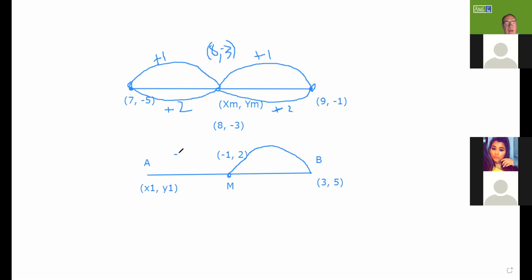So if I go 4 more, keep going this way, I'm going to speculate that my x value should be -5. If I do the same thing with the y value, from -5 to 2 is up 7, so I go up 7 more. Looks like my y value should be 9.